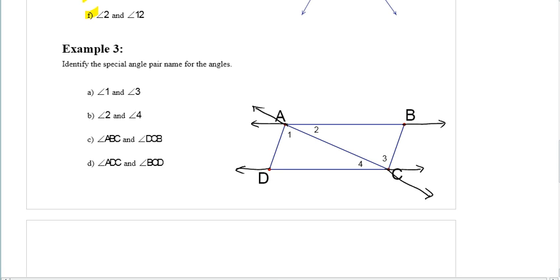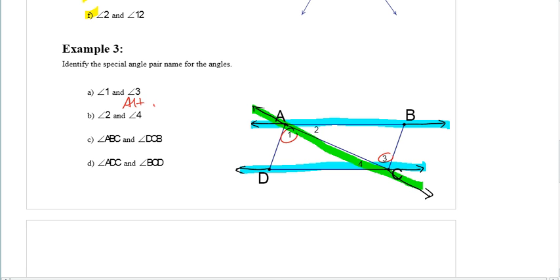So if we look at angle 1 and angle 3, here's our two lines. Here's our transversal. So angle 1 and 3, they alternate over the transversal, but they're inside those two blue lines. So we would say that they are alternate interior angles. I'd like you guys to try B, C, and D, and bring those for tomorrow.